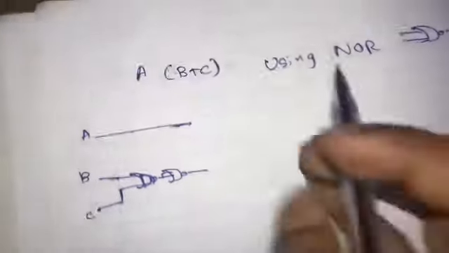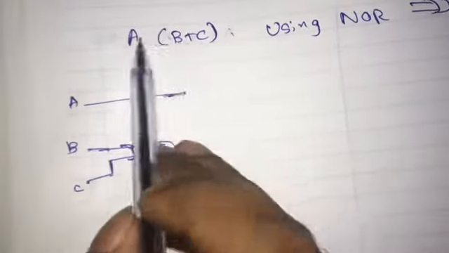Now we have to put an AND gate between the two things that we got. This is A we have over here and this is B plus C we have over there. We have to put an AND gate between these two.